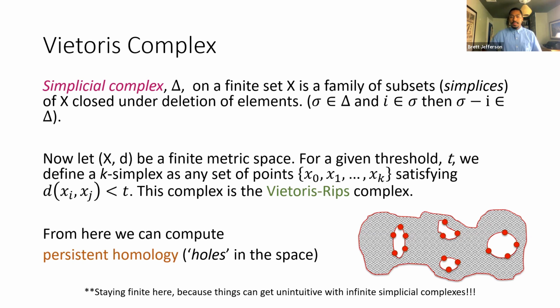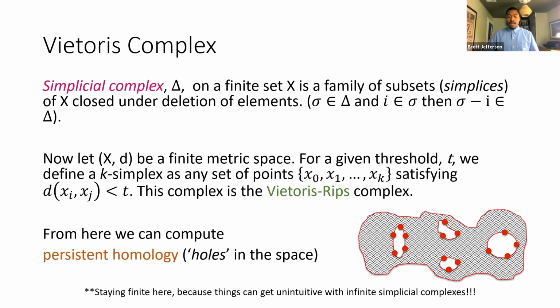This is how we build a simplicial complex, by making some statement about how to build each simplex, or each subset, in the simplicial complex. For metric spaces, we consider all pairwise distances. Whenever they're all below some threshold, or everything is sufficiently close to one another, then we say that that's our simplex. This is our Vietoris Rips complex. It's a really natural way to build a simplicial complex out of a metric space.